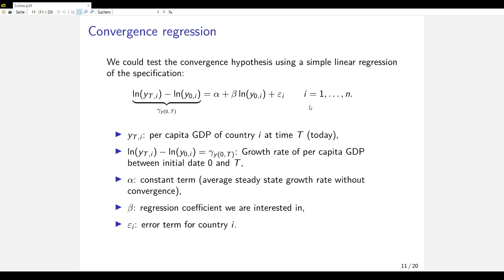Now, this, however, is a growth regression on absolute convergence, actually, as we will see later on, because it does not include any control variables. Alpha would be the constant term. That would be the average steady state growth rate without the convergence process. Beta would be the coefficient that we are interested in. And epsilon is the error term.